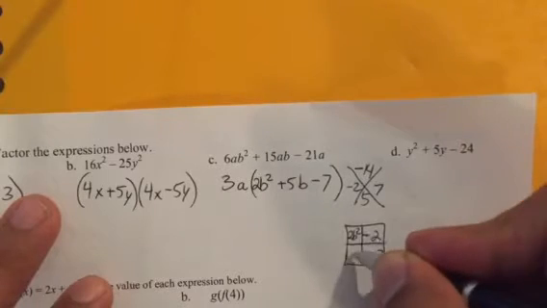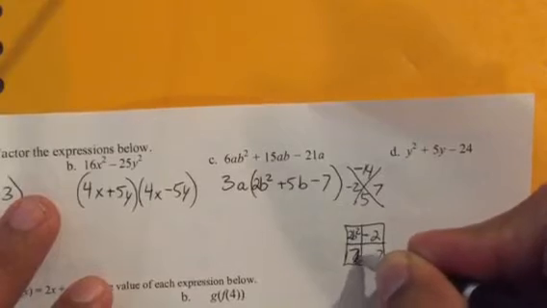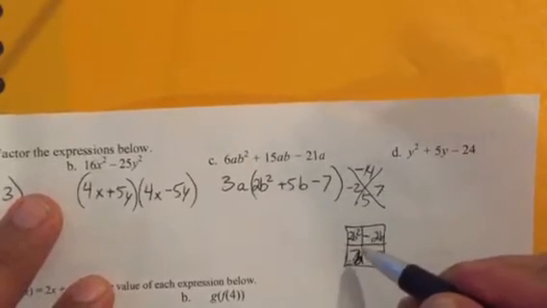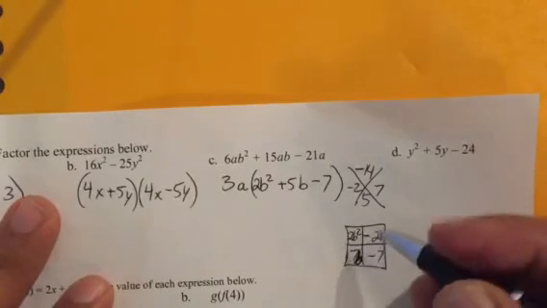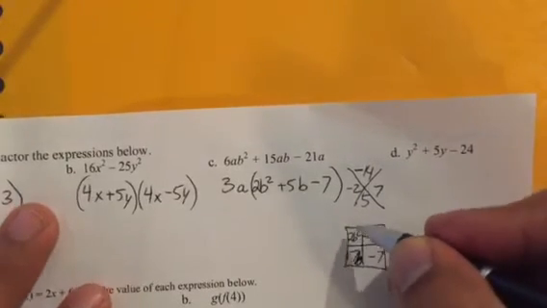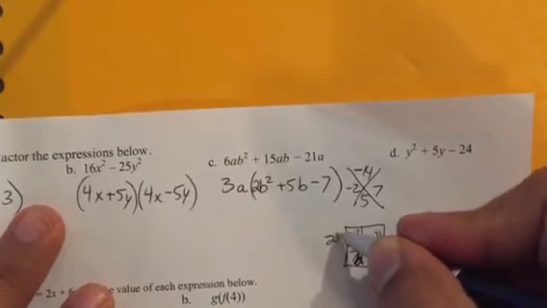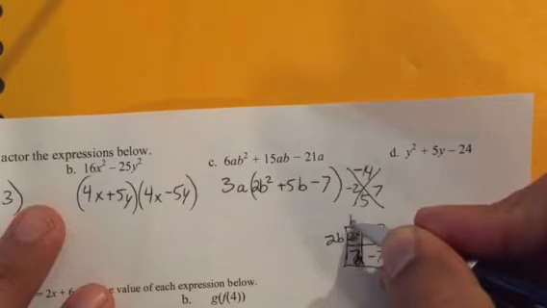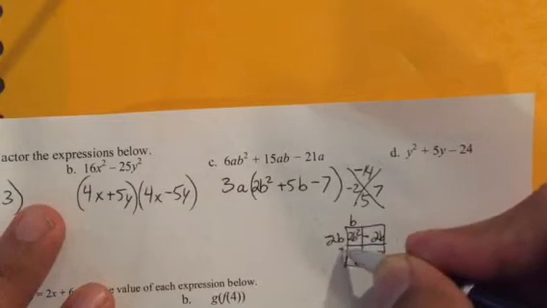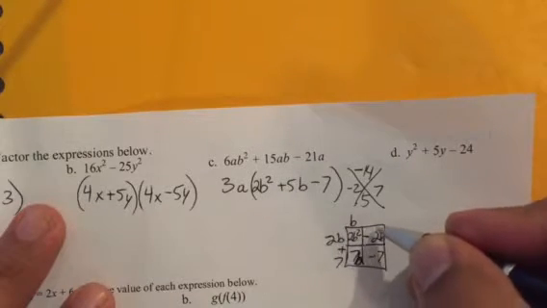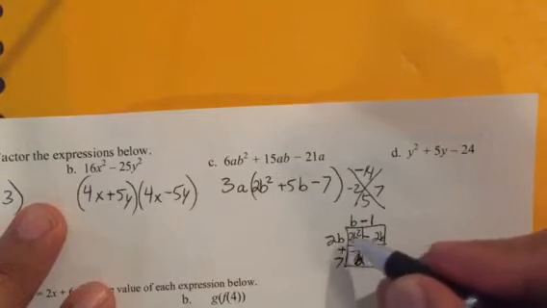Notice that I'm using the two numbers that I found to write my b terms, and now I can find my dimensions. So it's going to be 2b, b, plus 7 and minus 1.